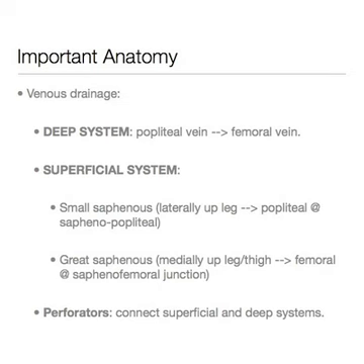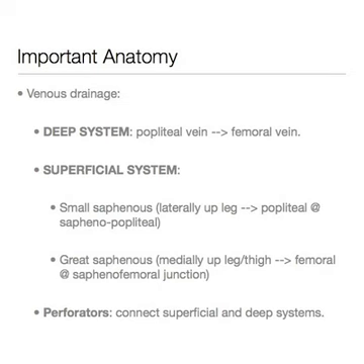As well as the deep venous system, there is the superficial venous system, which comprises the small saphenous vein, which runs laterally up the leg and drains into the popliteal vein at the saphenopopliteal junction, and the great saphenous vein, which runs up the medial side of the leg and the thigh and drains into the femoral vein via the saphenofemoral junction.